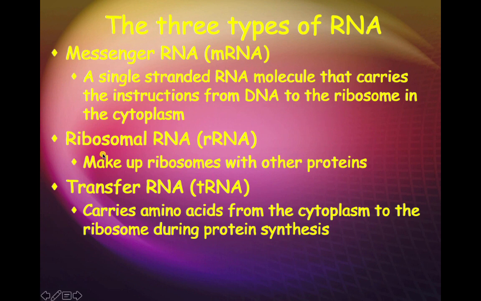There's also ribosomal RNA. We don't really get into much on ribosomal RNA. It's rRNA. But this basically helps make up the ribosome with other proteins. So ribosomal RNA is kind of what a ribosome is. And then there's transfer RNA. Now, transfer RNA is kind of a unique RNA in that it has 3 very specific code letters, 3 very specific bases.